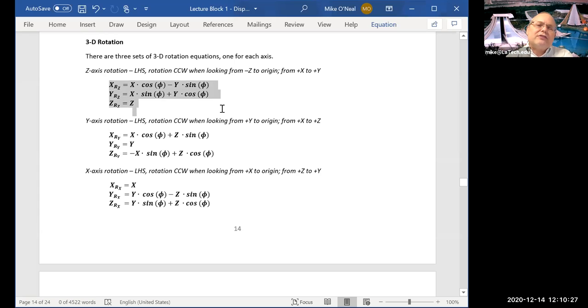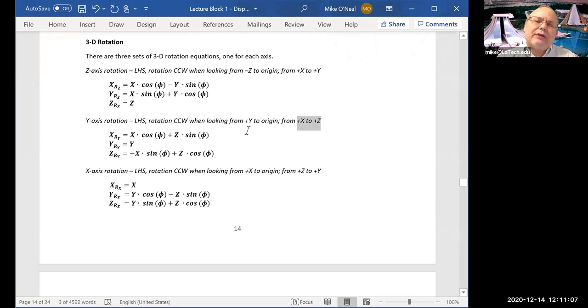Well, if it's in 3D, you have to add Z rotated is just Z. So what we've done is we've rotated, the rotation that we covered was a rotation really within the XY plane where we weren't changing the Z values. If you want to be able to do 3D rotations, you have to do the other two parts of it. So this is rotation within, again, what we originally did was within the XY plane.